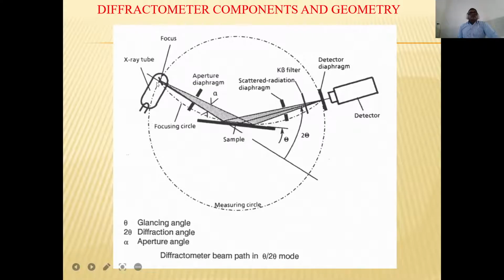This is the X-ray tube, and this is the focus. Here theta is the glancing angle, and 2 theta is known as the diffraction angle, and alpha is the incidence angle. It is the diffractometer beam path in the theta by 2 theta mode.